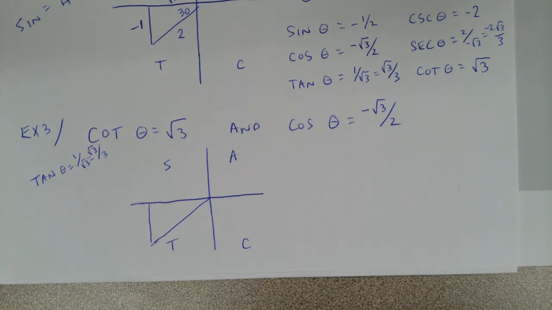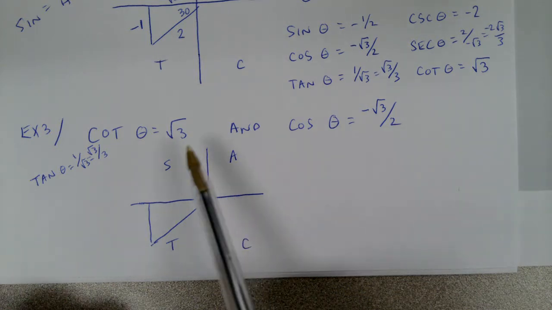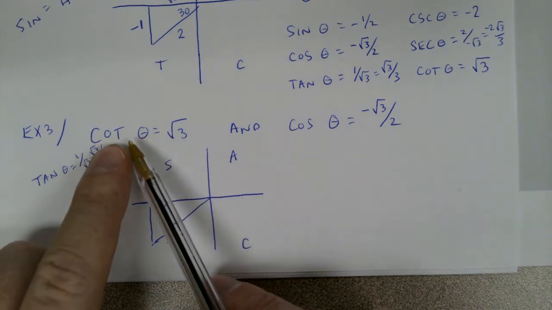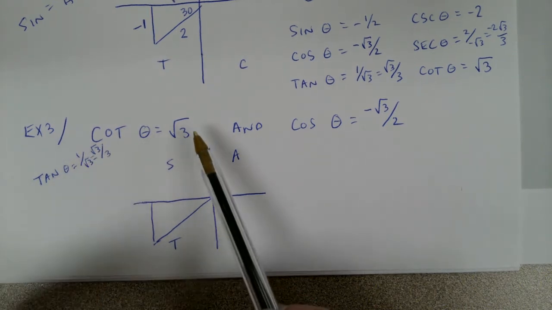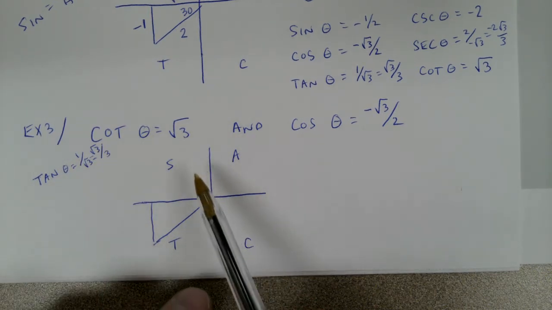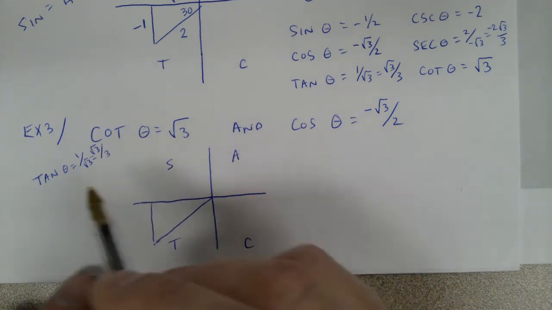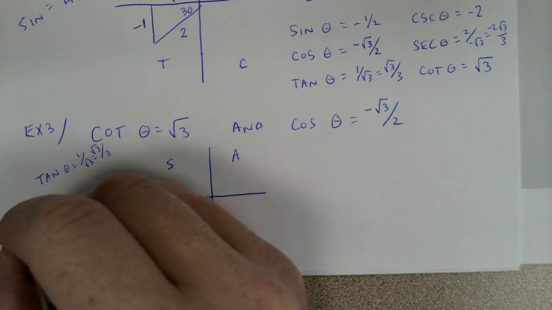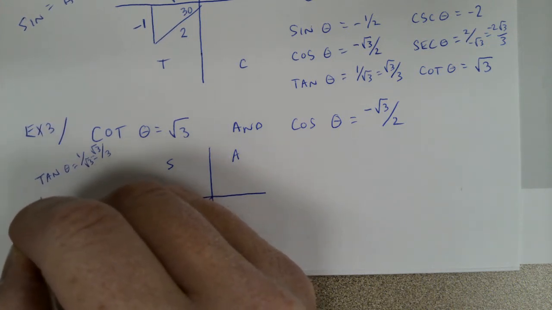Now, as I fill in my values, remember cotangent is the reciprocal. So when you're thinking about your angle here, tangent is opposite over adjacent, so cotangent is adjacent over opposite.